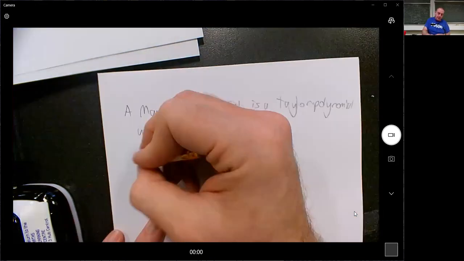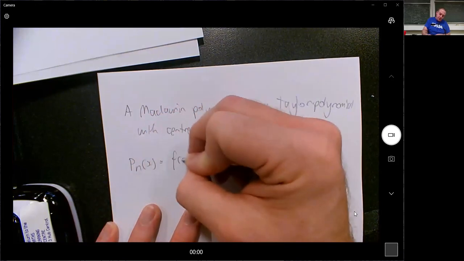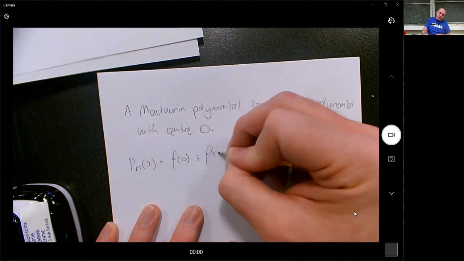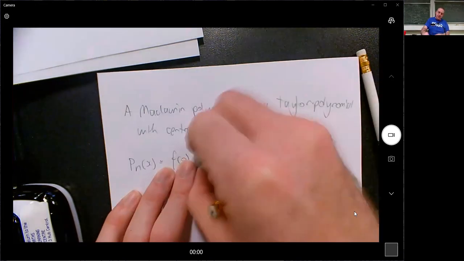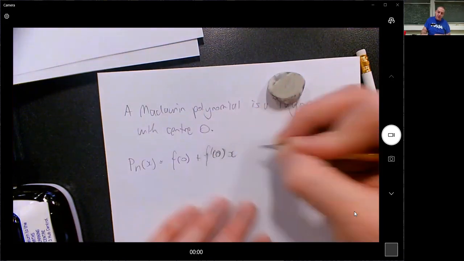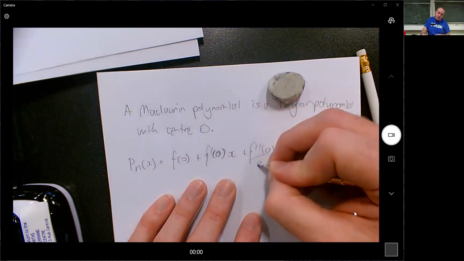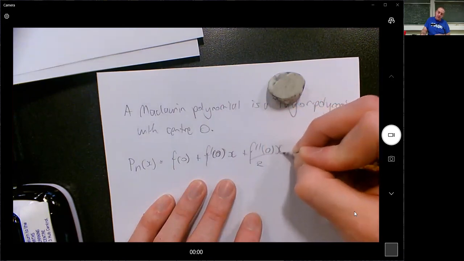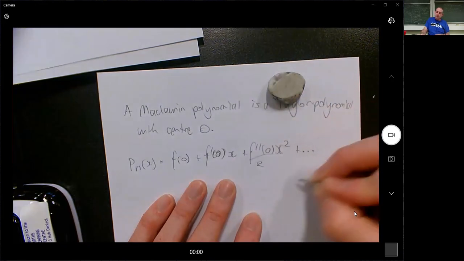And so that would mean that Pnx would be f of 0 plus f dashed of 0 times x minus 0, which is just x, plus f double dashed of 0 on 2 times x minus 0 squared, so just x squared, and so on.